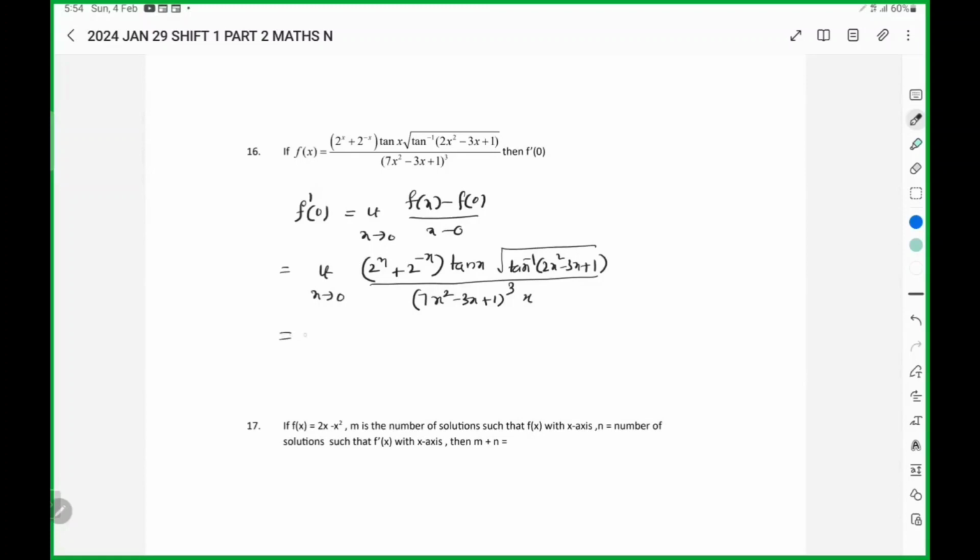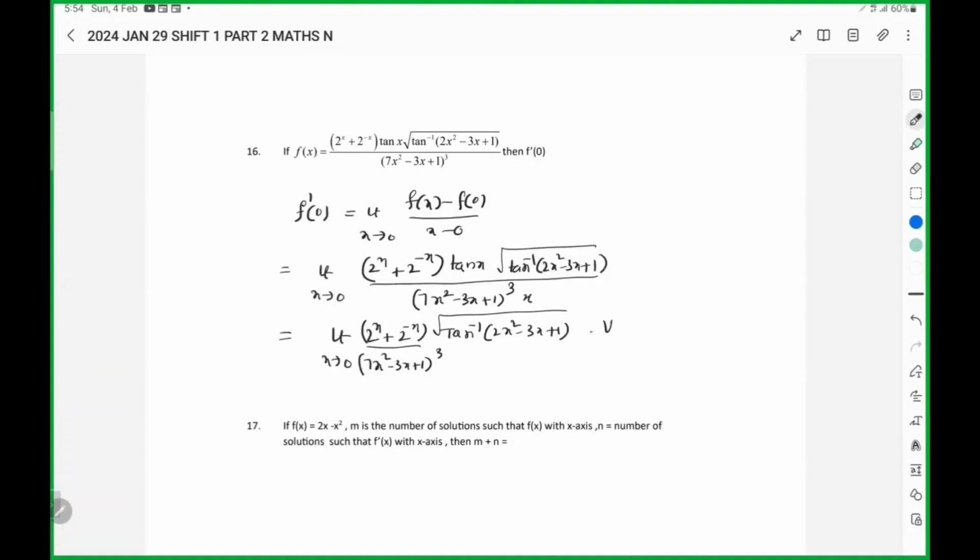Generally, while evaluating a limit, where 0 is not there in the denominator, we can directly substitute. Here you don't get a 0 problem. Here also, after substituting, you don't get any problem.